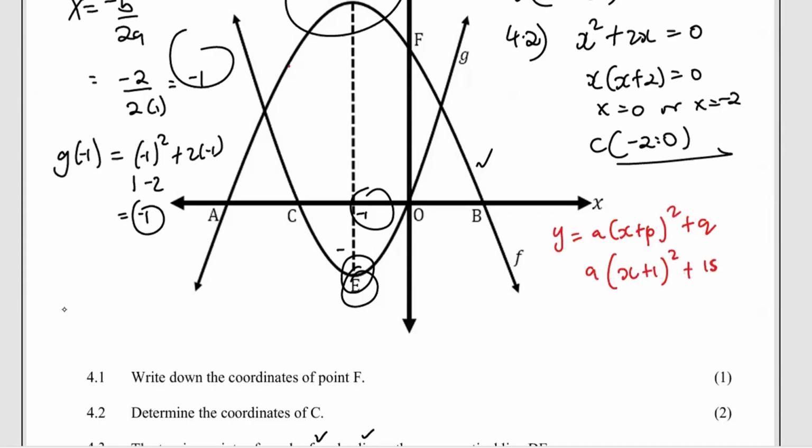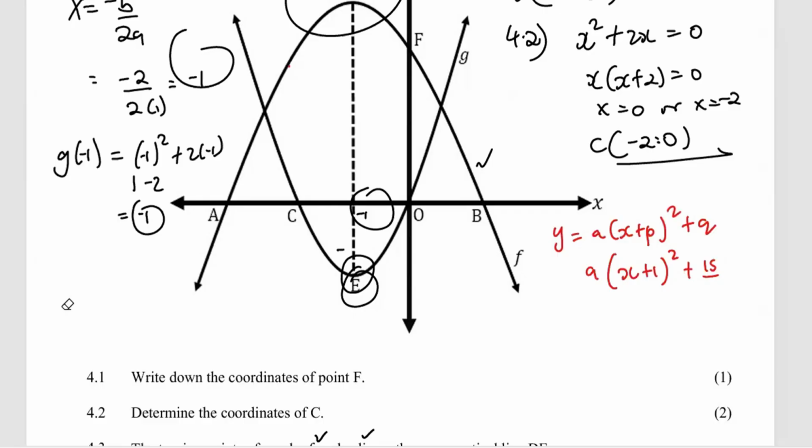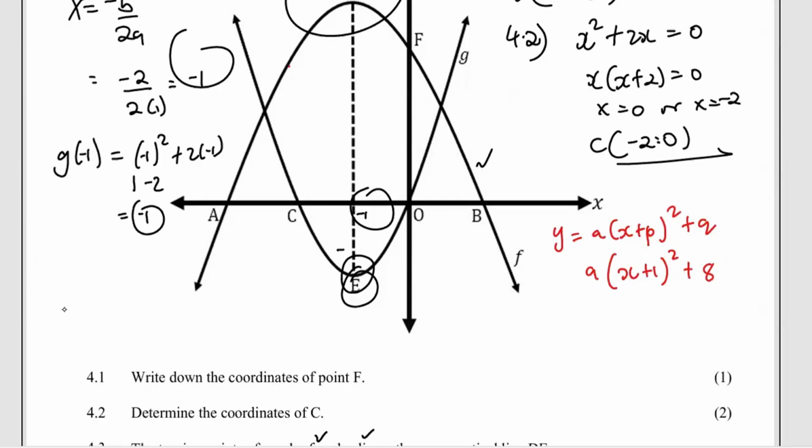Our q is, we said 15 over 2, no, that's the y-intercept, so q is 8. Then we can use x equal to 0, and then we have 15 over 2 equals a(0 + 1)² + 8.